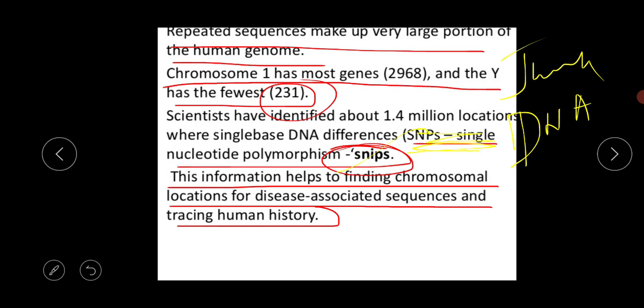So just follow what I am saying, just 2 to 3 points you have to remember from this portion, and the aims and goals and the prospects or implication of the HGP. And I am saying repeatedly that this chapter is very difficult for all of you.